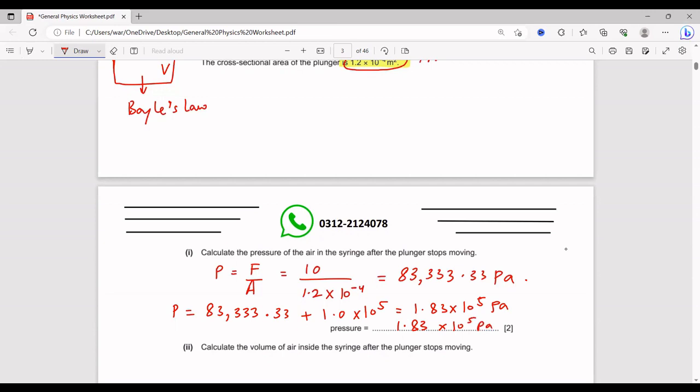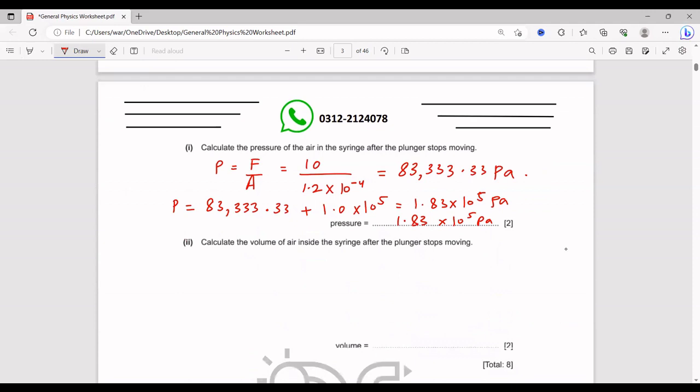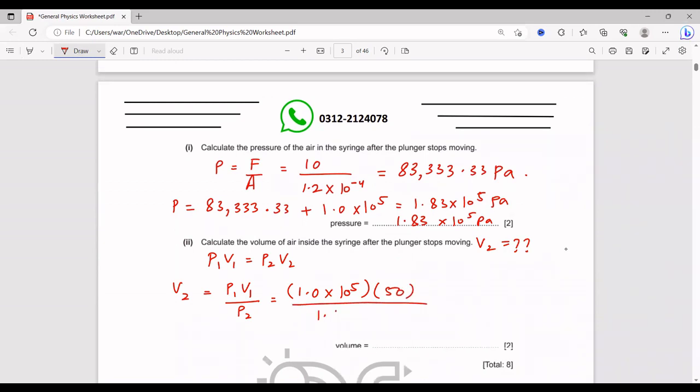Now, guys, calculate the volume of the air inside the syringe after the plunger stops moving. So you have to calculate V2. For calculating V2, we have to use the equation P1 V1 is equal to P2 V2, and we have to make V2 the subject. So P1 V1 over P2. The value for P1 is 1.0 exponential 5, which I mentioned above, the volume is 50, and the pressure is 1.83 exponential 5.